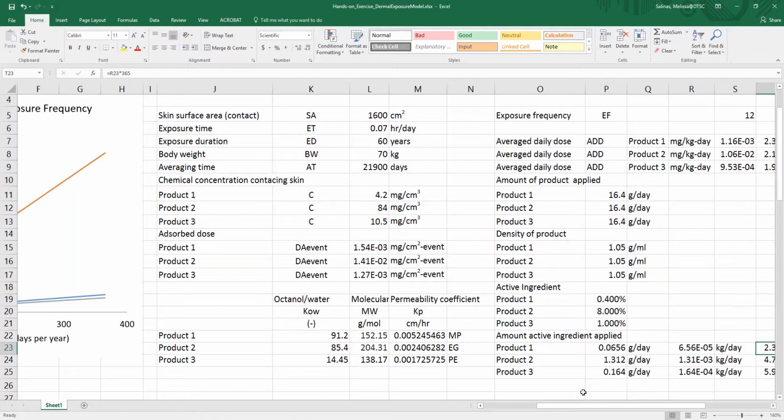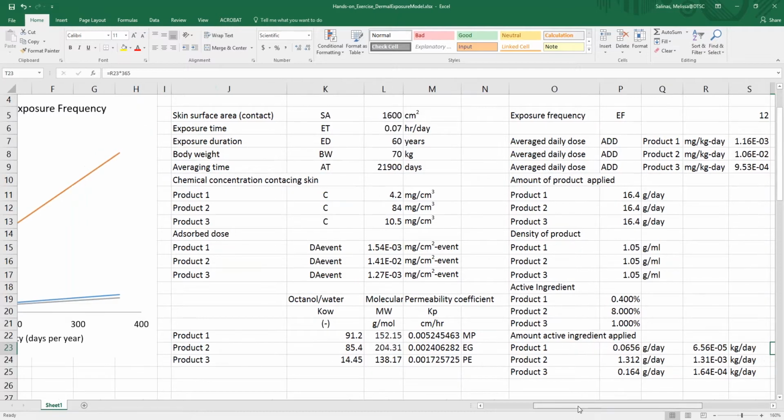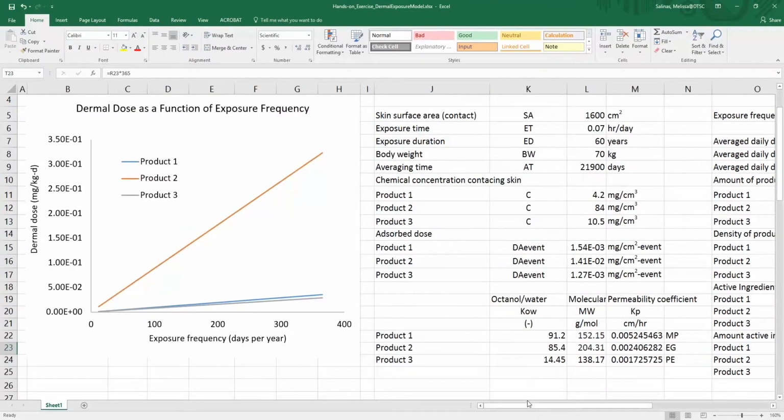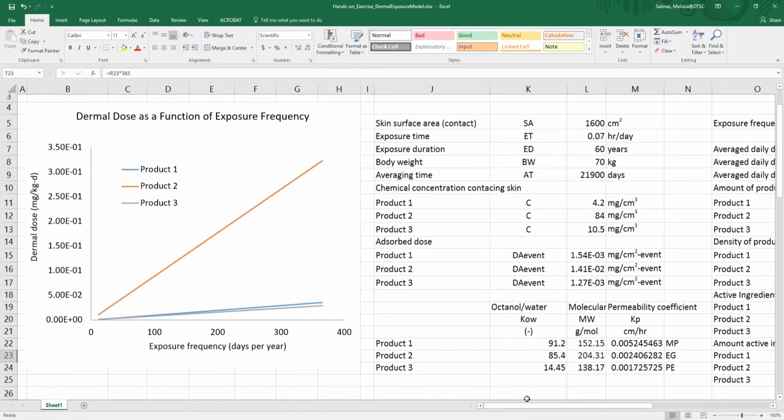Correct. Right. So how do we account for this? One would have to use some retention factors to reduce the dose. For example, if you have this amount applied and the retention is only 1%, then multiply that down. And likewise, for certain other scenarios, depending on how you define exposure time, you can adjust the exposure time and duration.